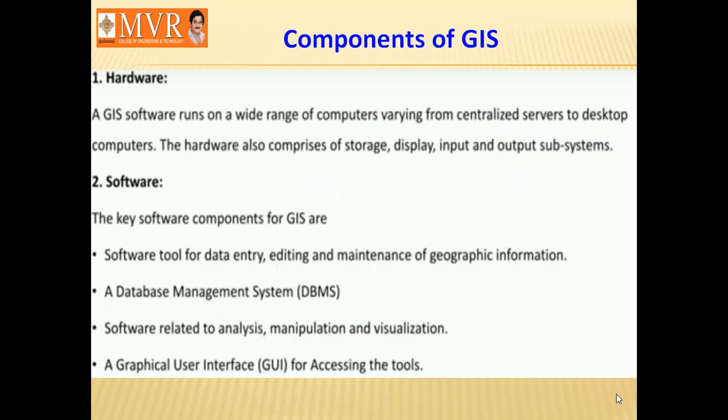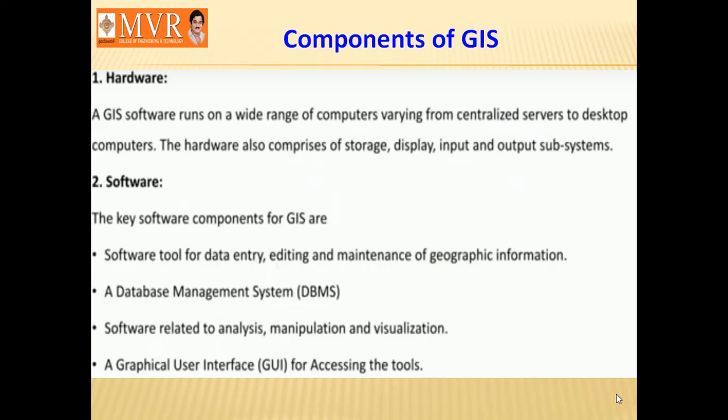So hardware consists of storage device, display, input and output, some storage. It has some subsystems. It acts as a centralized server. It is a platform on which software runs and data is stored.